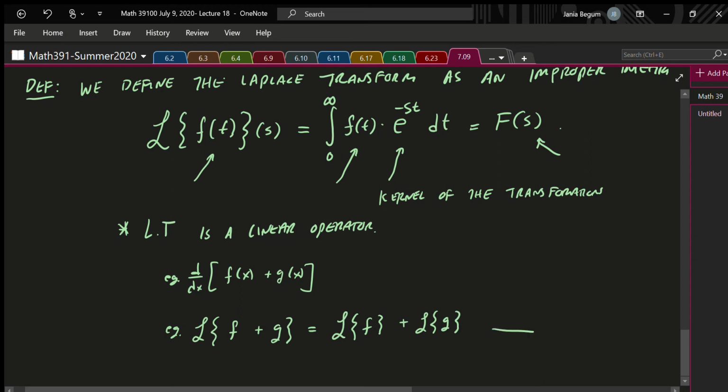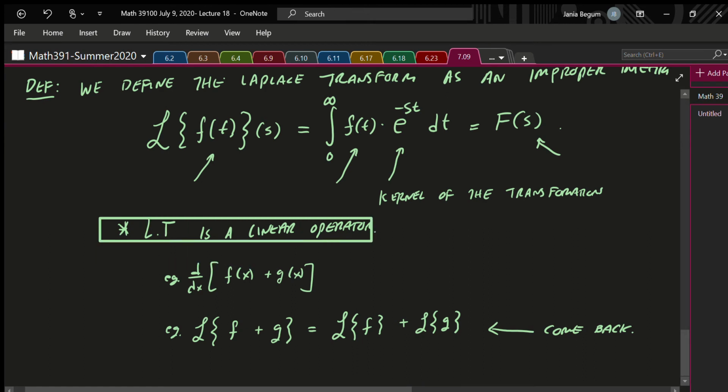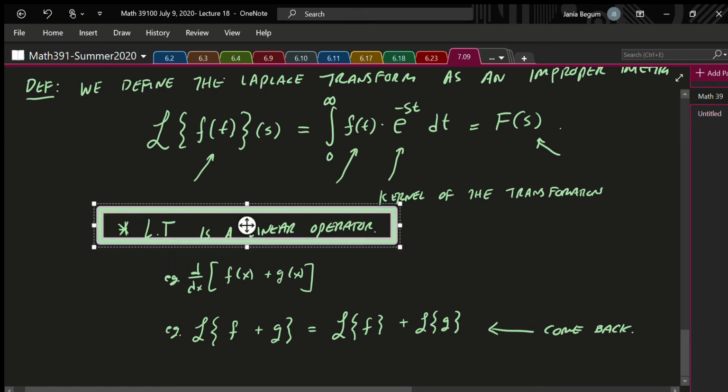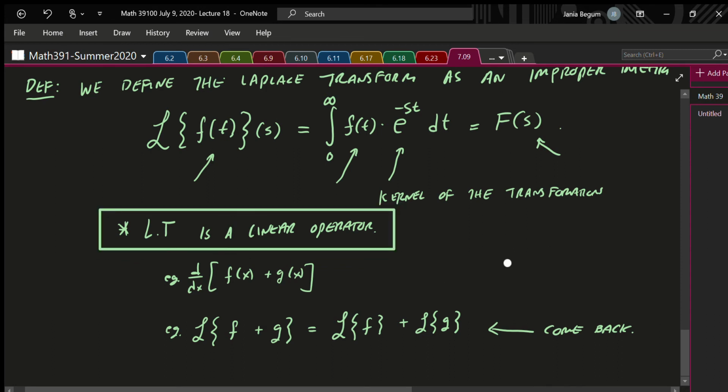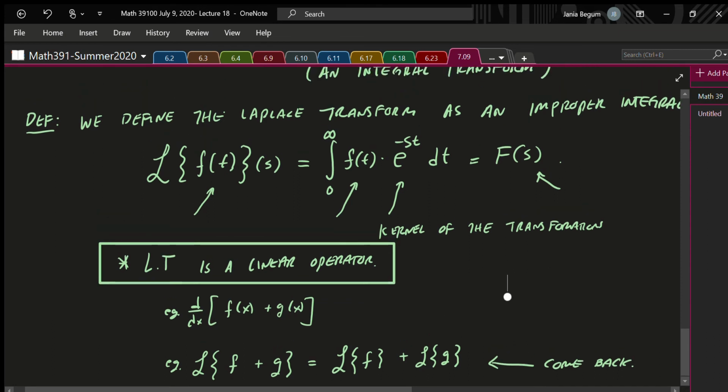I'm going to come back to this later and prove to you why the Laplace transform is a linear operator. Just like derivatives and integration, this is a very nice tool we can have in our pocket. Any questions so far? Is it making sense a little bit?